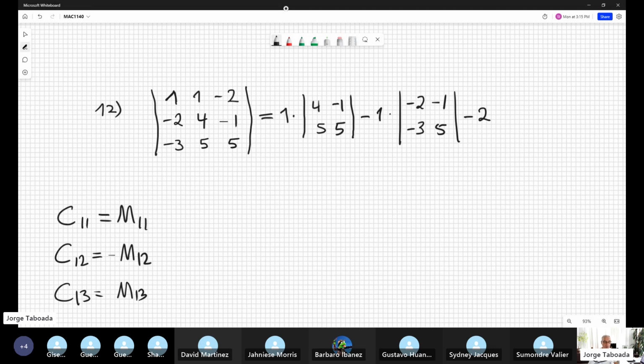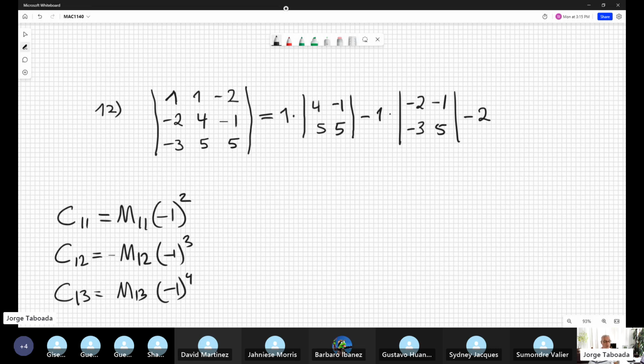You memorize plus, minus, plus sequentially, or another possibility is you believe it is -1 raised to the sum of the subscripts: 1 plus 1 is 2, 1 plus 2 is 3, and 1 plus 3 is 4.